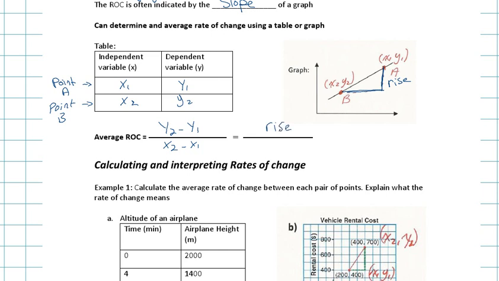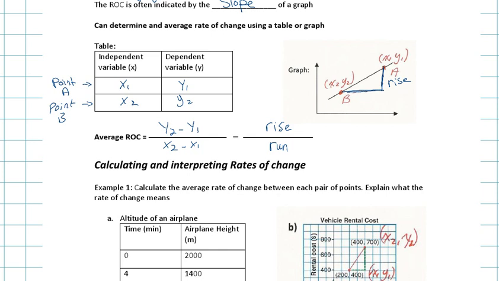Run is your horizontal change. So it's y2 minus y1 over x2 minus x1. It's always going to be the same. Labeling your points, x1, y1, x2, y2, is very important.